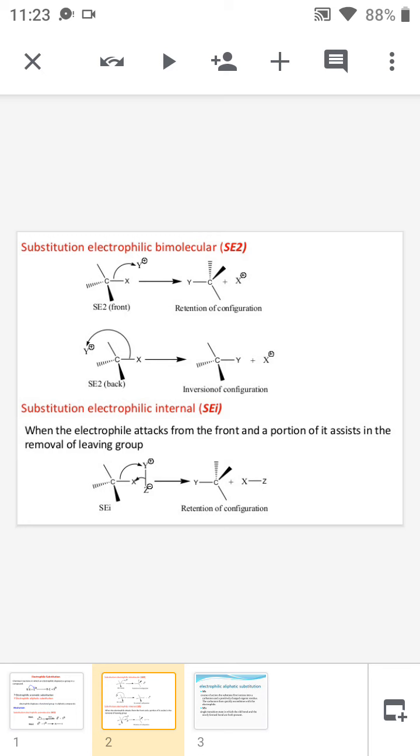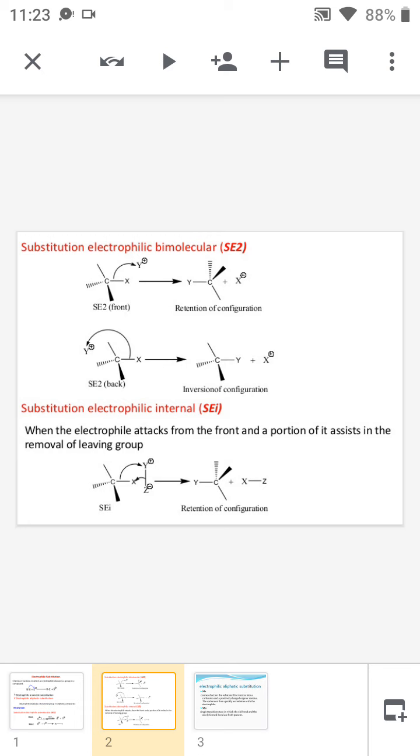Then in SE2, if the electrophile attacks in the same direction as the leaving group, we call it SE2 front. So this is the first example in which Y plus is the electrophile and X is the leaving group.